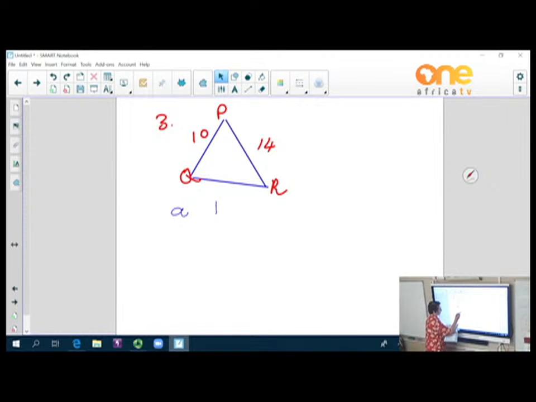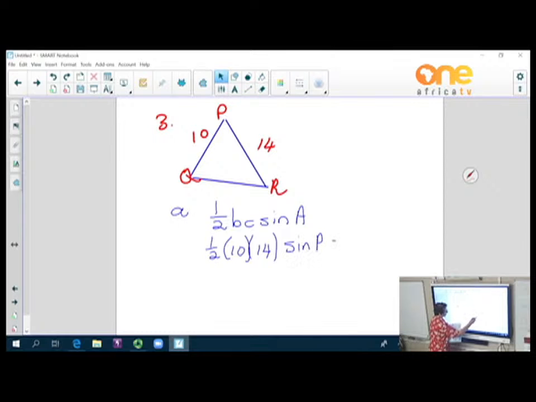No. So we'll use the formula half BC sine A. So a half of 10 times 14 sine P, because that's what you want to calculate, is equal to 48. I equate to that one. And then with algebra, second function, we get that this one is 43.3 degrees. That P. Show that. You'll have to put those extra steps in because it's a show that question.